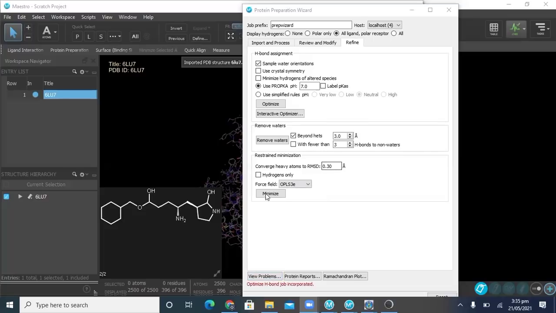And now we will click on minimization. This is very easy to use, and I always recommend this software because if someone is not an expert, he can also use it.